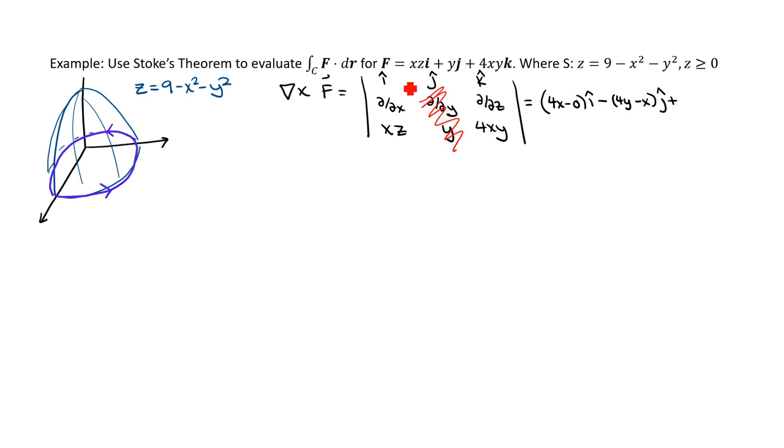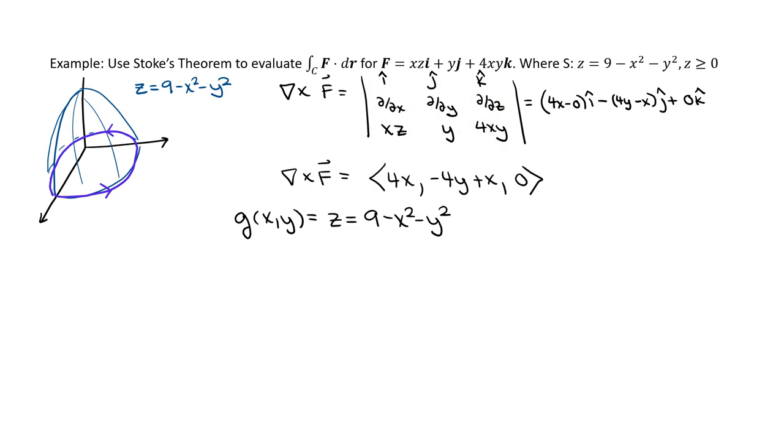And then negative derivative of 4xy with respect to x is 4y. Derivative of xz with respect to z is x. And then last component, derivative of y with respect to x is 0. Derivative of xz with respect to y is 0. Okay, so the curl then is this vector: 4x, negative 4y plus x, comma 0.